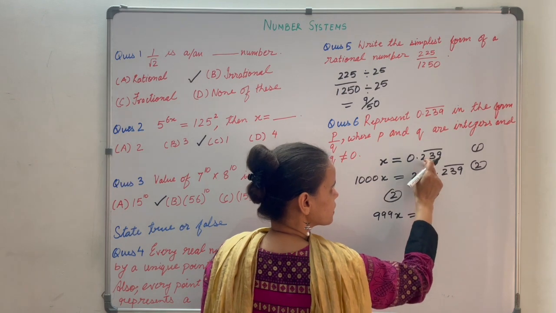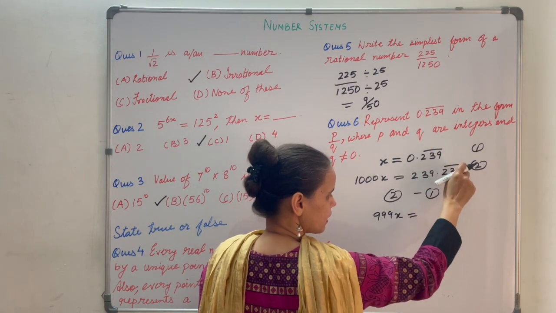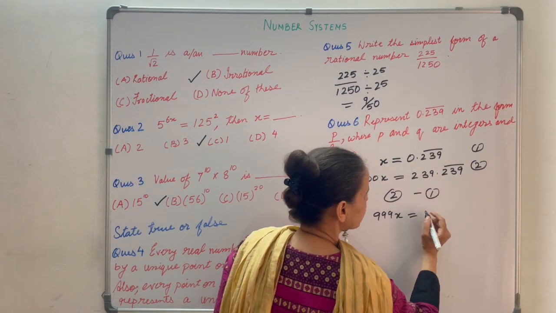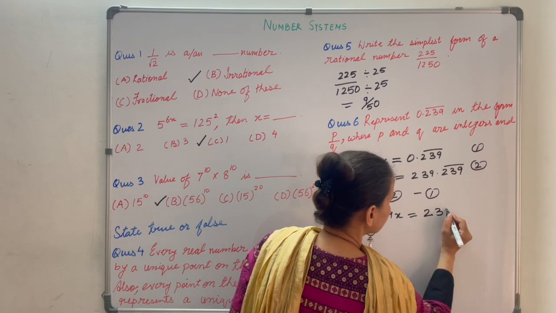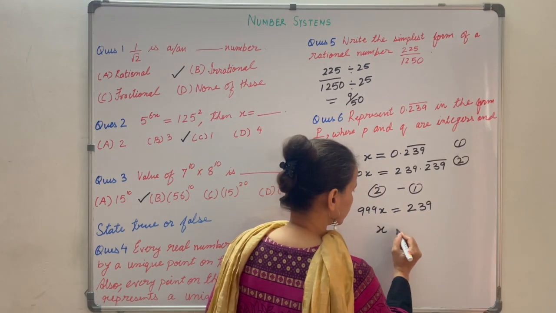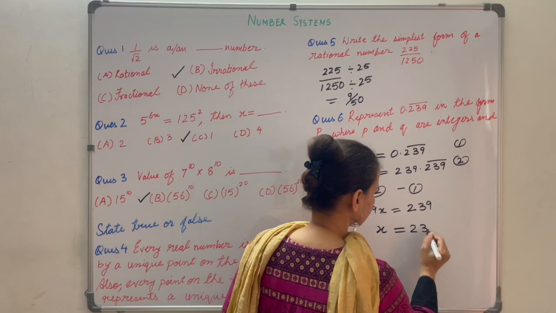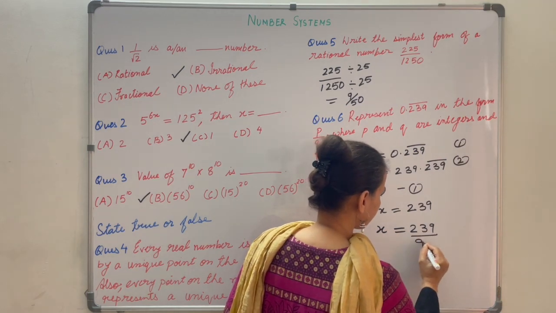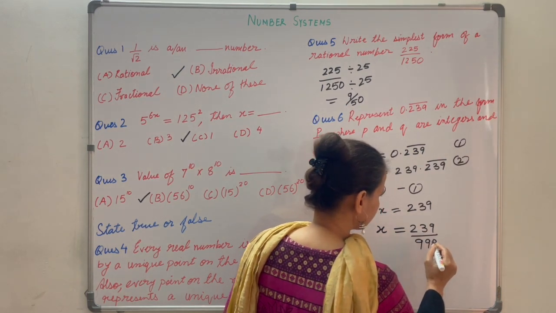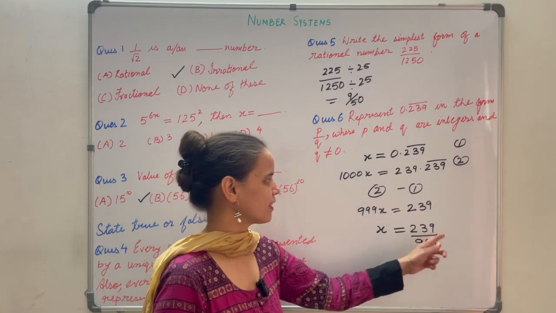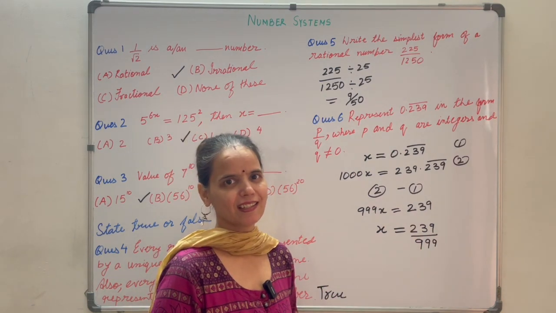And from this, when you subtract this, the decimal part will be cancelled out. Only the whole part you will have. So you will have 239. So x is equal to 239 upon 999. So the rational number is 239 upon 999.